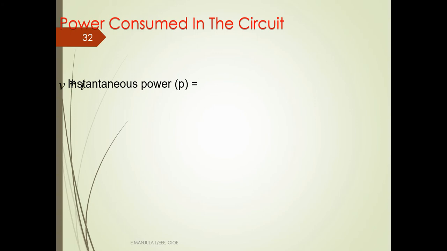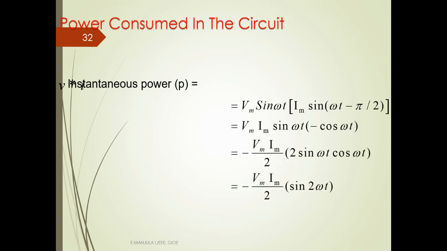Here the instantaneous power P is equal to V into I. V is V maximum sin omega t and I is I maximum sin omega t minus pi by 2. So V maximum I maximum sin omega t into minus cos omega t.